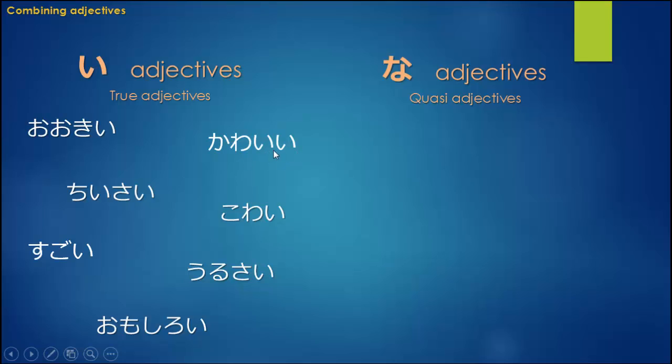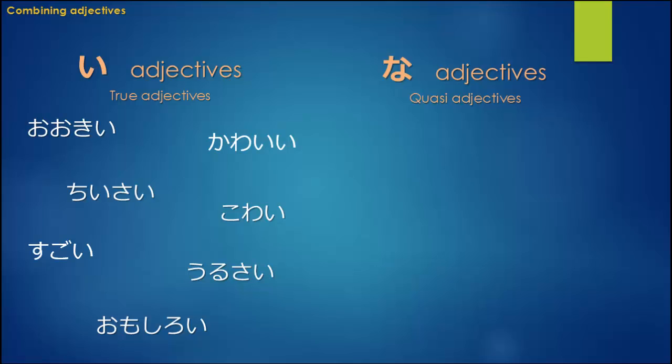Kawaii, obviously i. Chisai, meaning the ai. And kowai, ai. Sugoi, oi. Urusai, okay, ai. And omoshiroi, oi. Now you notice that there's one line in the a, i, u, e, o chart which is not in the true adjectives, and that is ending ei.